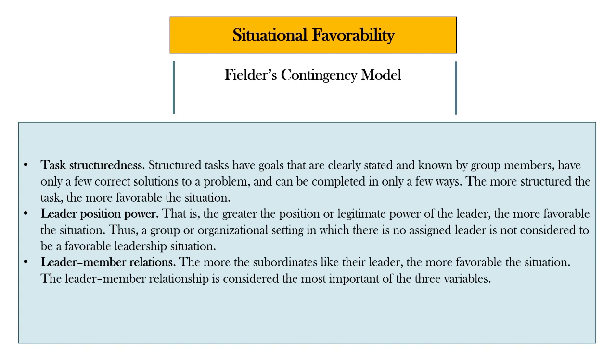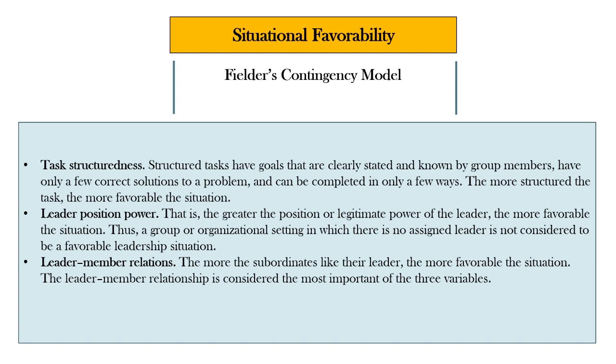Okay, in the task structuredness, structured tasks have goals that are clearly stated and known by group members, have only a few correct solutions to a problem, and can be completed in a few ways. The more structured the task, the more favorable the situation is. For leader position power, the greater the position or legitimate power of the leader, the more favorable the situation.